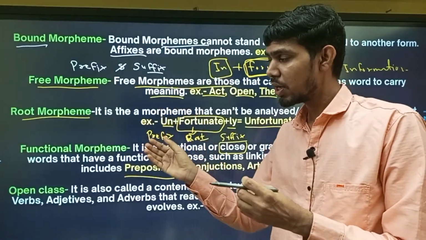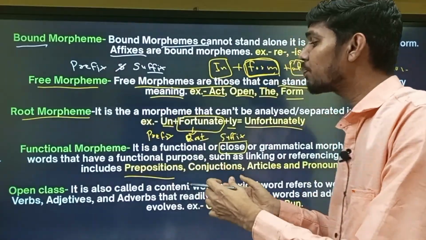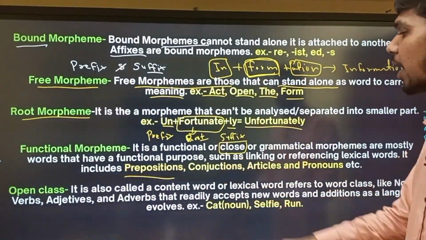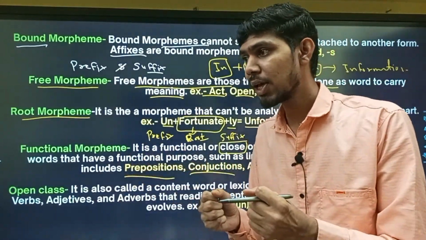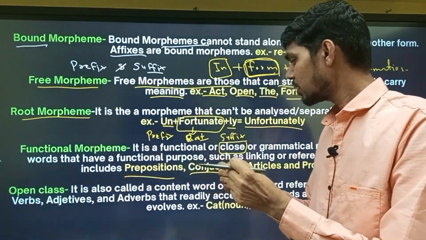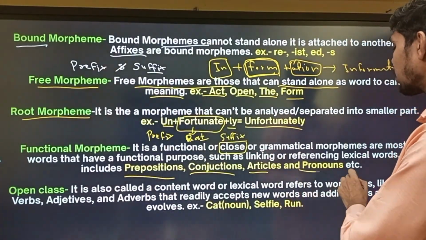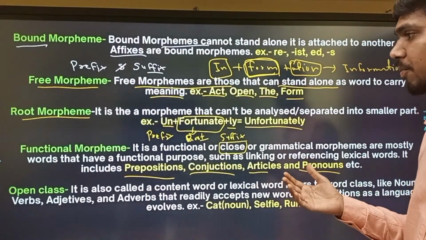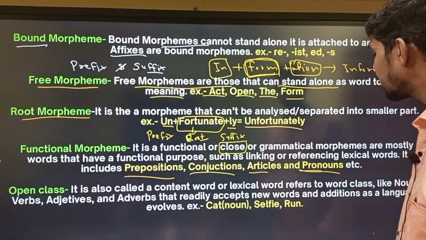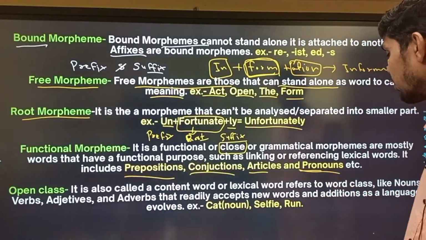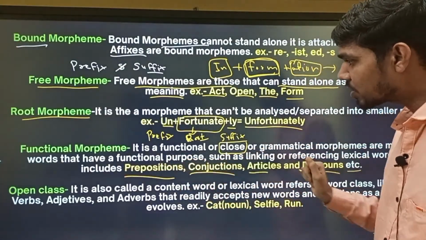And here is the conjunction. Conjunction means that it can combine two things, two nouns. That's why it is called conjunction. And articles determine something, and pronouns are used in the place of nouns, etc. These are the functional morphemes.